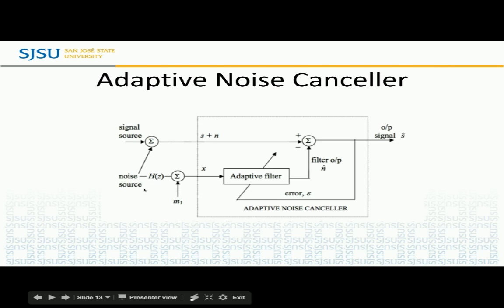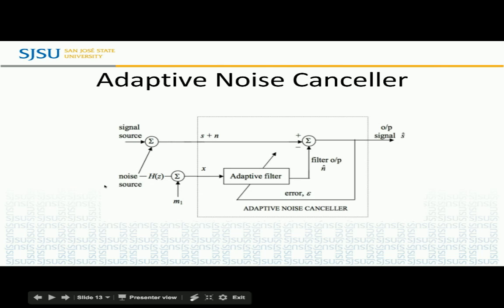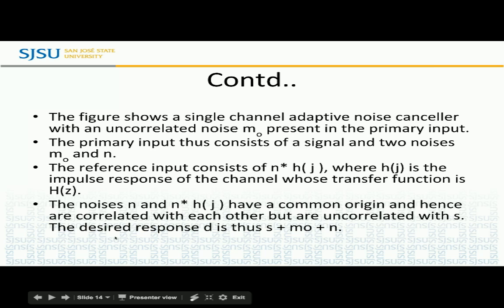We can see that here M1 is given as the input to the adaptive filter. So the primary input consists of a signal and two noises, M as well as N. Here we can see that S plus N along with M is the input to the environment. Hence the total noises can be avoided by H, that's the coefficient of the adaptive filter.